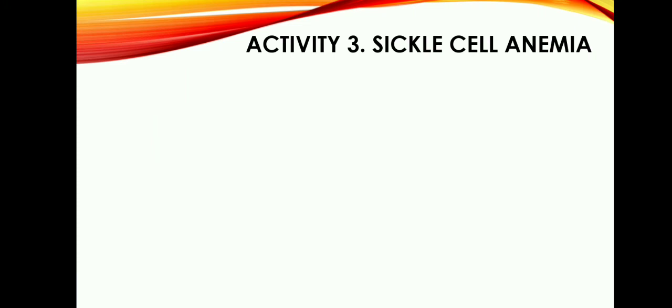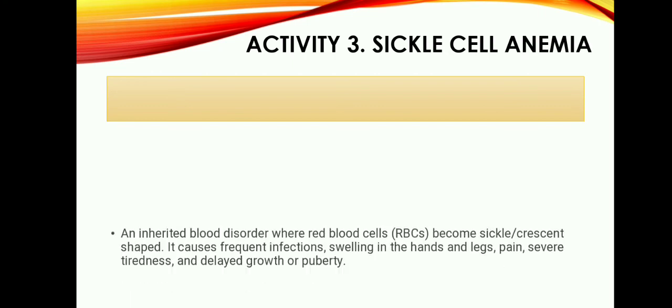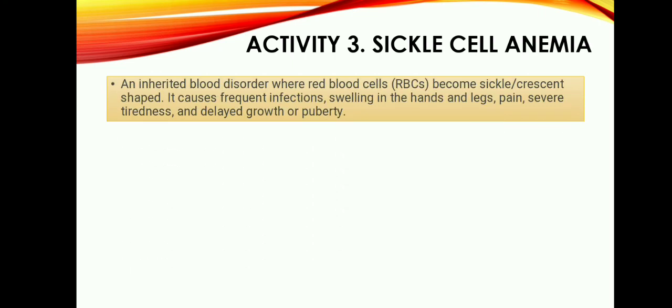Activity 3, sickle cell anemia. Sickle cell anemia is an inherited blood disorder where red blood cells, or RBCs, become sickle or crescent shaped. It causes frequent infections, swelling in the hands and legs, pain, severe tiredness, and delayed growth or puberty.